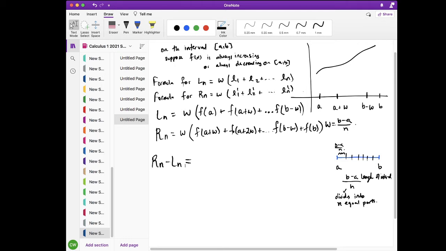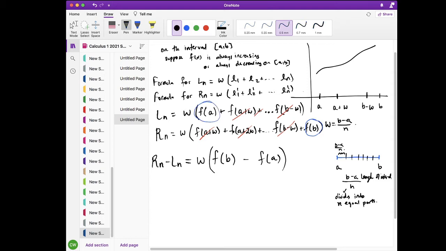Yeah, f of a and f of b stay. So since I'm doing r minus l, f of b will be the positive one, and f of a is the negative one. And then this is all multiplied by w. So all these other terms disappear, right? Here's an f of a plus w. F of a plus w is I'm subtracting. So everything is going to go away. And the only things that stay are f of b and f of a.